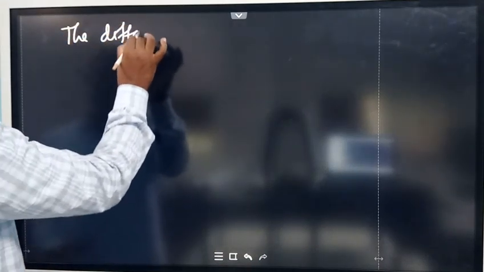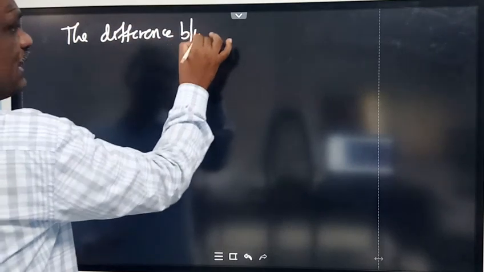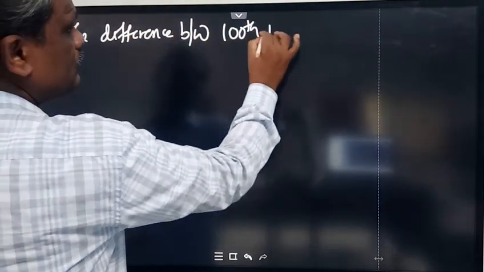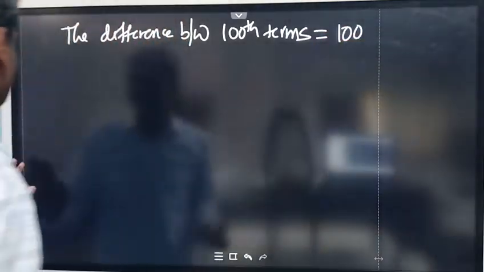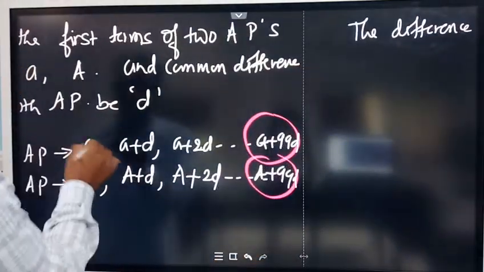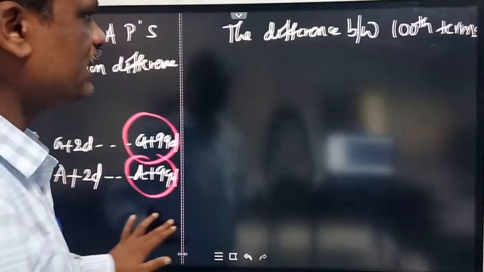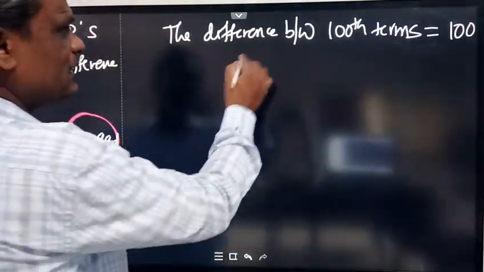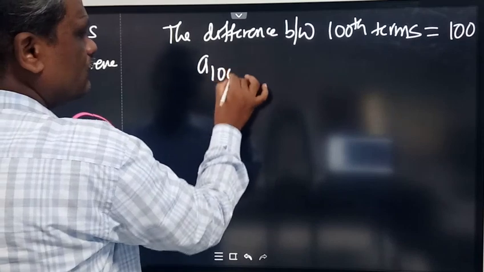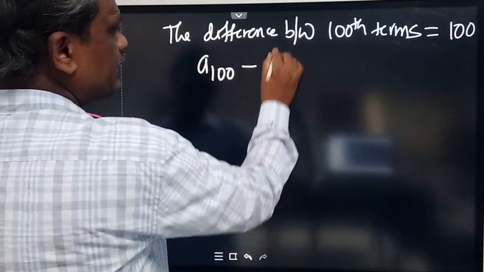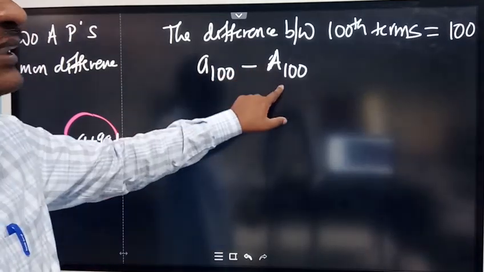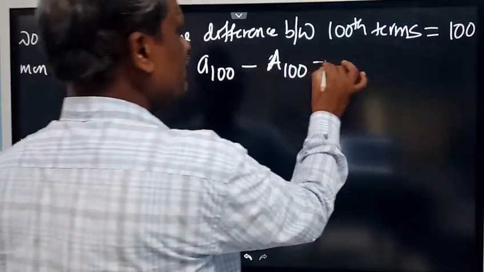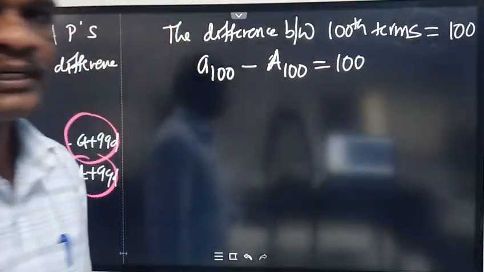The difference between the 100th terms is given as 100. Let us take the first AP itself as greater. So let us write a100 minus A100, the 100th term of the first AP minus the 100th term of the second AP, and the difference is 100.